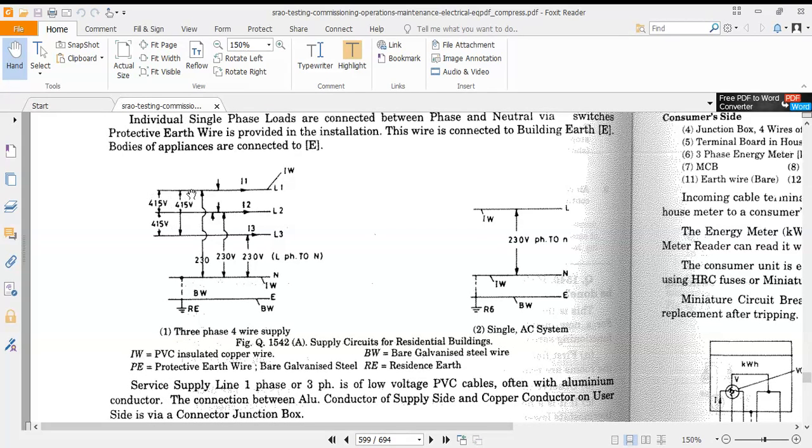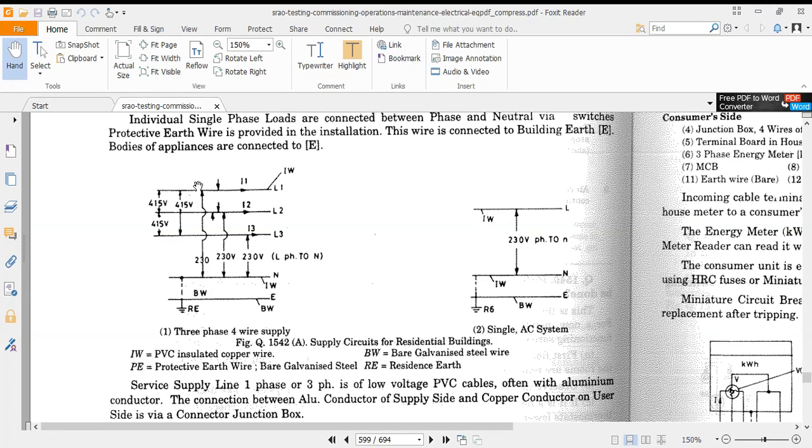Now you can see phase 1, phase 2, phase 3, line 1, line 2, line 3. This is a three phase supply. Between each phase we have 415 volts, which is called low voltage.